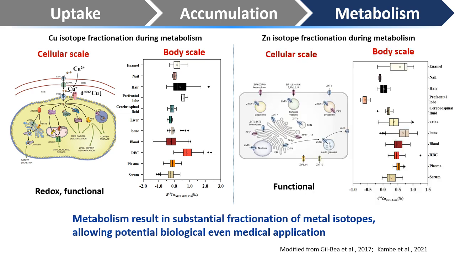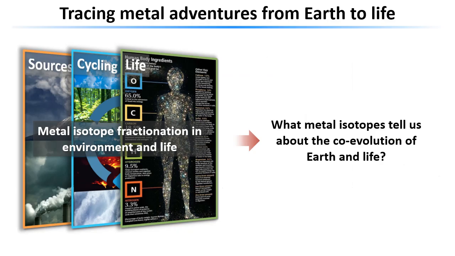But on the other side, unlike copper, zinc isotope fractionation is mainly triggered by functional changes at the cellular scale. Also, it results in large variation of delta 66 zinc at body scale.